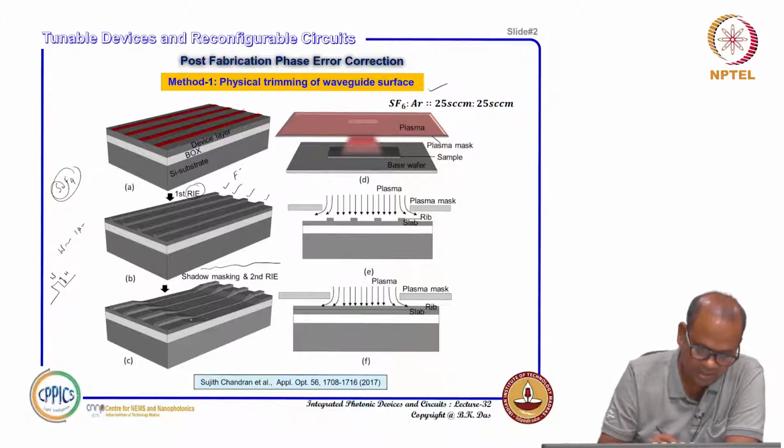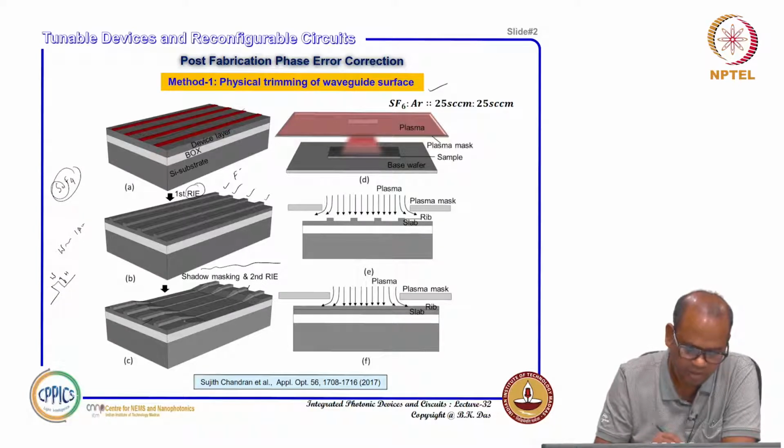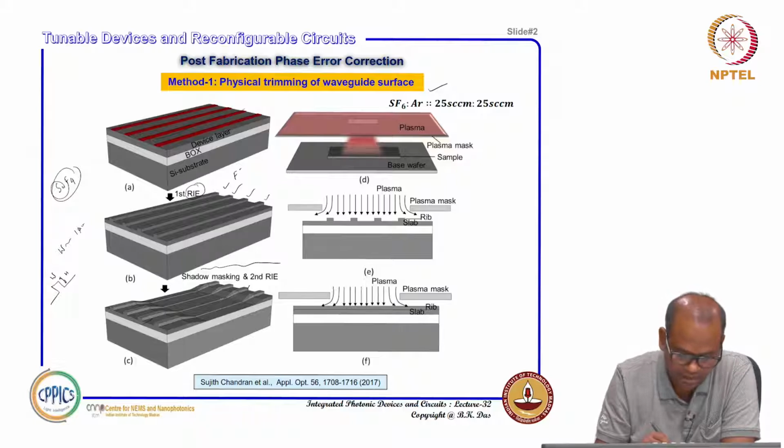Then you can see that locally the dimension of the waveguide is reduced. You see, this is the initial waveguide at the input side and output side, and the technique allows adiabatic tapering in both height as well as width of the waveguide. And in this region where you want to reduce the waveguide width or height, that can indeed be done.